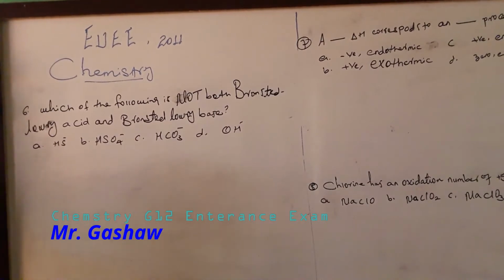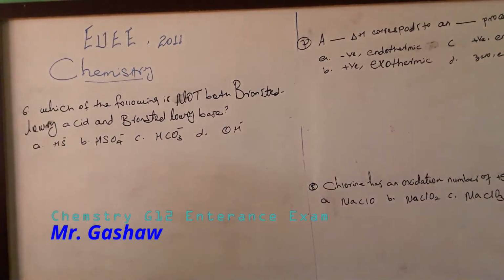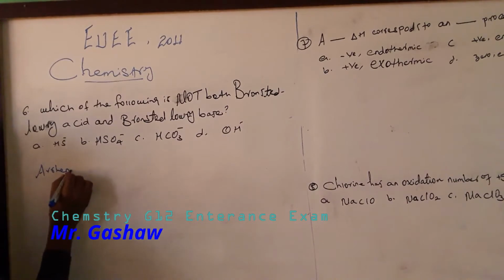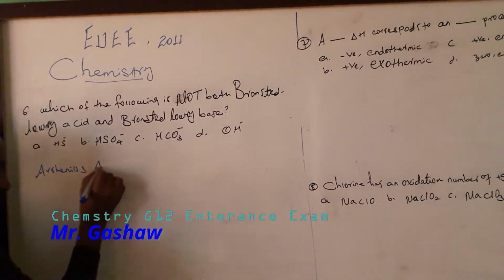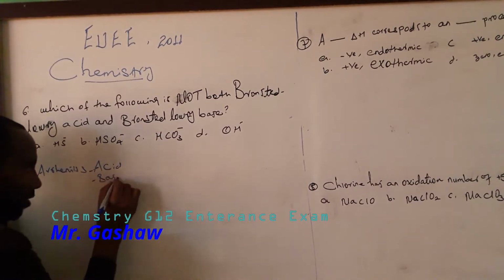Question number 6. Which of the following is not both a Bronsted-Lowry acid and a Bronsted-Lowry base? At first, it's better to define the concepts of acids and bases according to Arrhenius, according to Bronsted-Lowry, and according to Lewis. Starting from the first one, Arrhenius acids and Arrhenius bases.